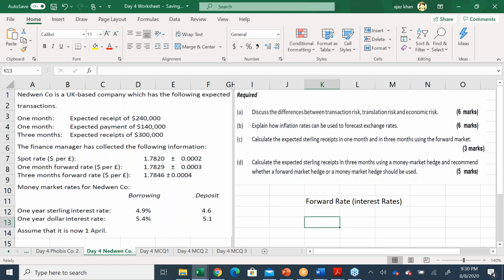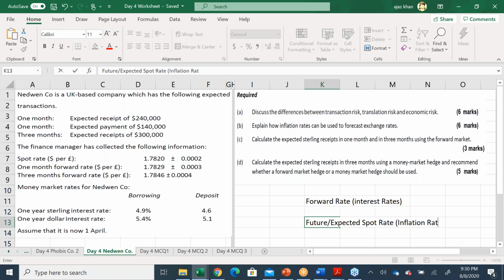In that case, you can calculate the future spot rate or expected spot rate. If you want to know what will be the expected exchange rate in 1 month's time, you have to use inflation rates. And that is called purchasing power parity theory.